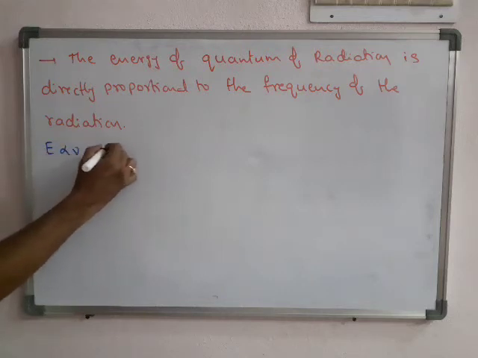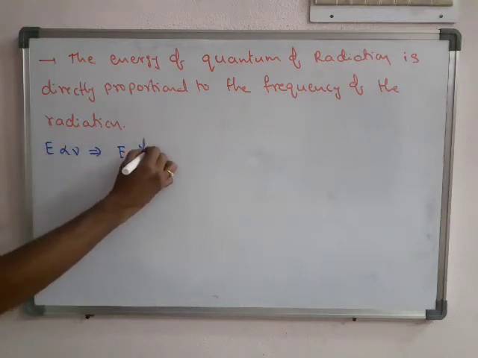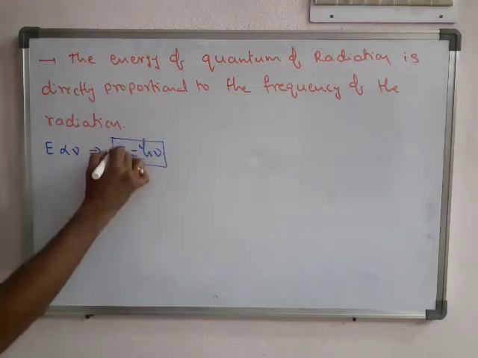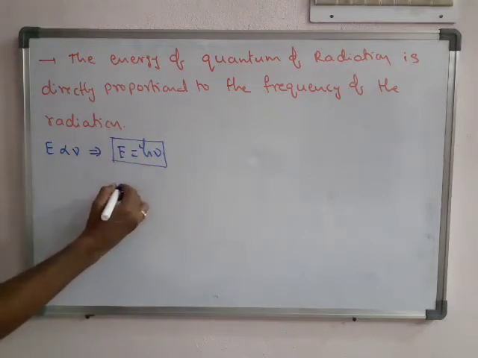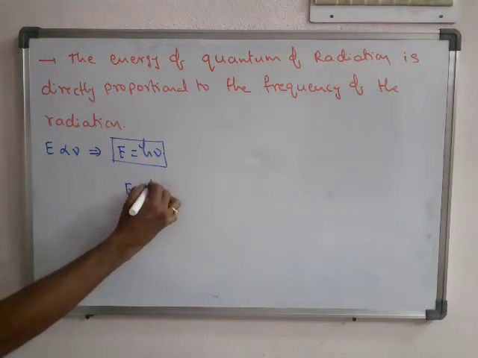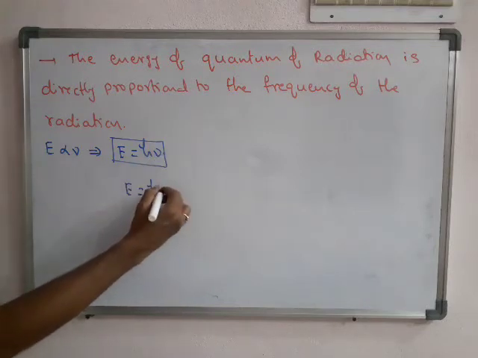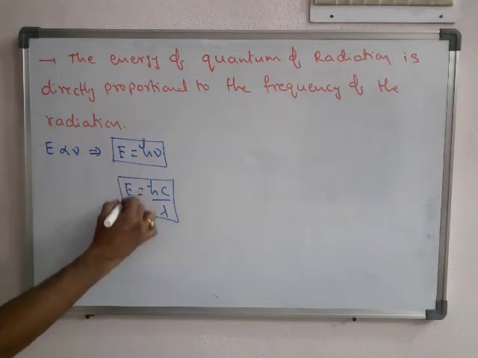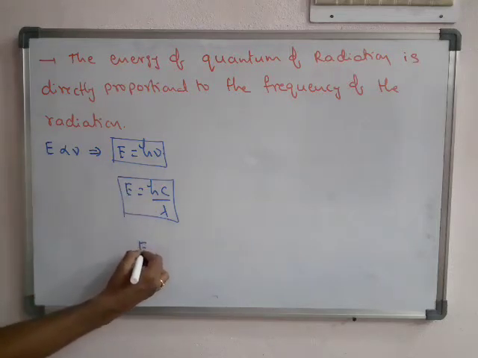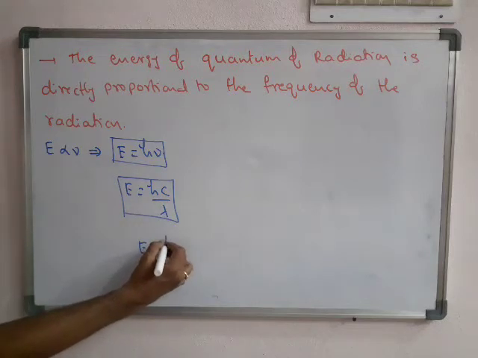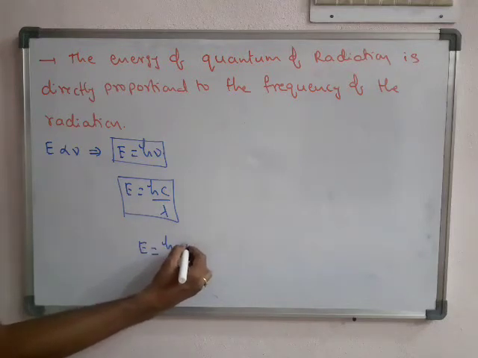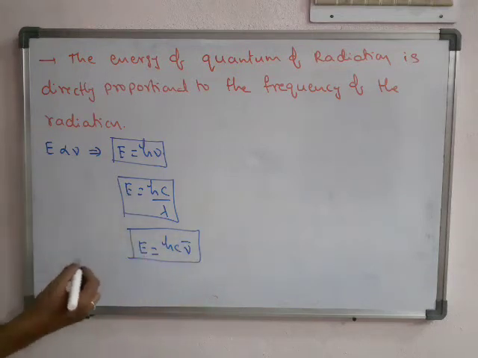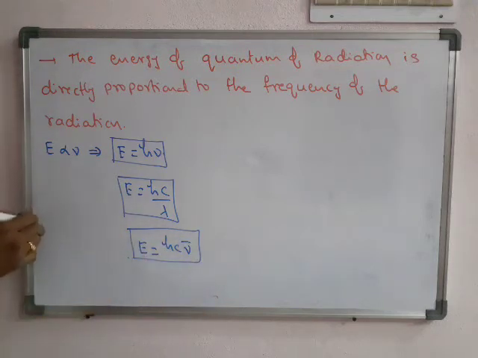E proportional to nu, that is E is equal to h nu. Very simple. h nu, where nu is c by lambda, so one more relation: E equal to hc by lambda. And we can write nu bar, so E equal to hc nu bar.